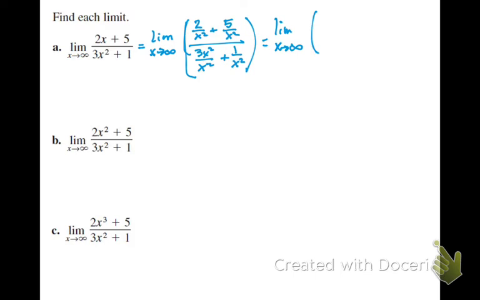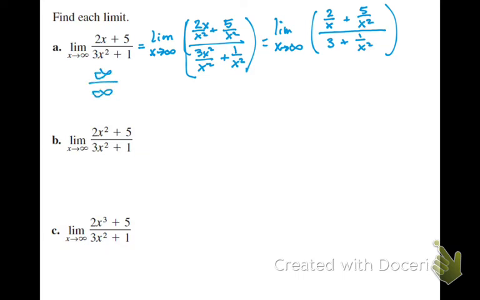So after I reduce, what are we left with? Oops, I forgot my x. So I'm left with 2 over x plus 5 over x squared, over 3 plus 1 over x squared. When I started out, I had infinity over infinity, yes?